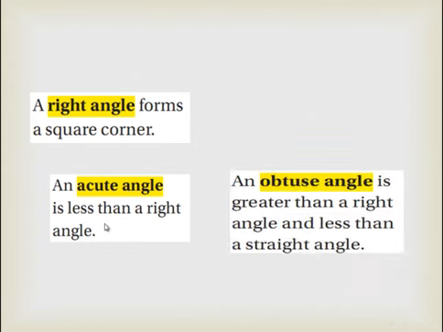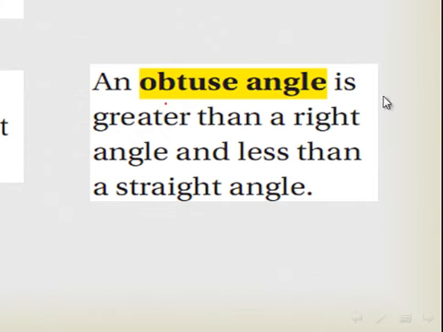The fifth one is an obtuse angle. An obtuse angle is greater than a right angle and less than a straight angle. I can draw it here for you. This is an obtuse angle.